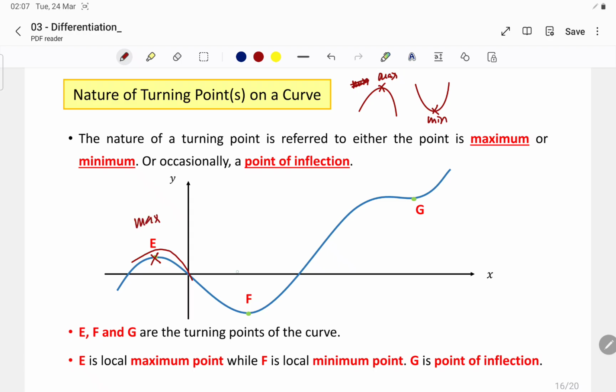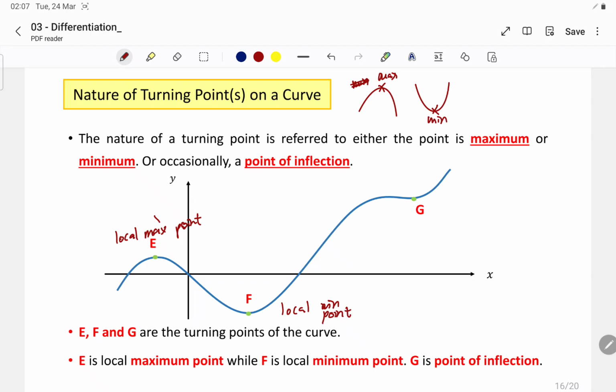And also here we have F, from decreasing suddenly it increases, so this is your minimum point. So at E and at F, E is a local maximum point, or max point if you want to make it short form. F is a local minimum point, or you just put minimum point also can.